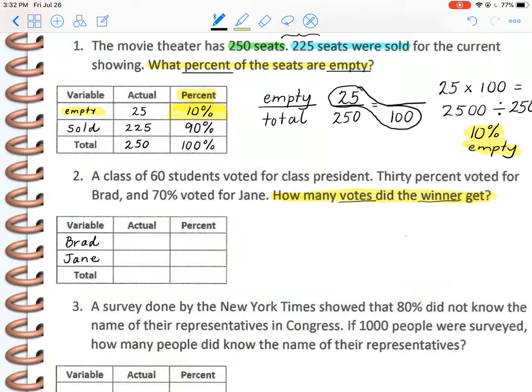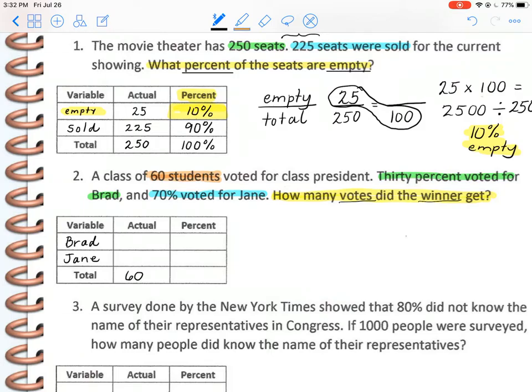So let's break this problem down, isolate the information. 70% for Jane, 30% for Brad, and then 60 students. So we have to think about what these different pieces of information are. 60 students. Well, that's not a percentage, that's an actual number, and that's the total number of students who voted.